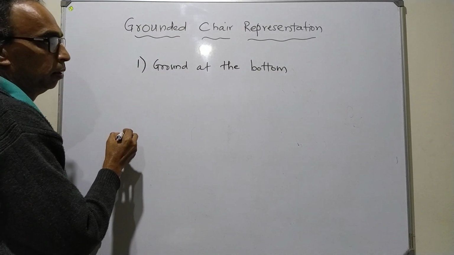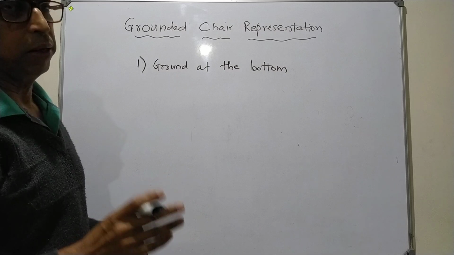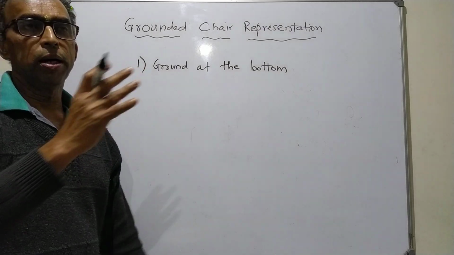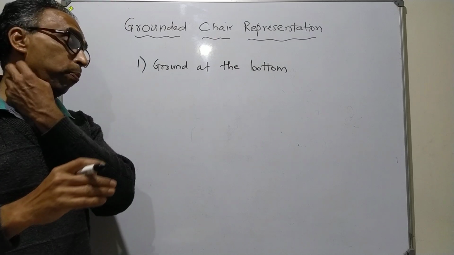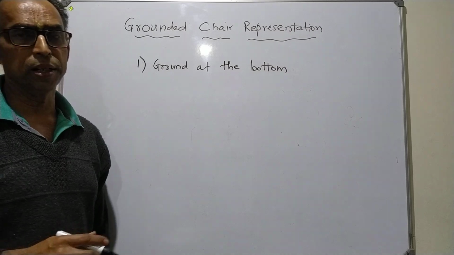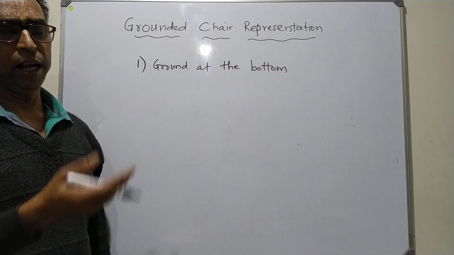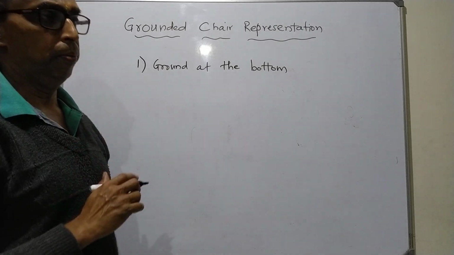Whatever the arrangement, even if I have a spring-mass-dashpot arrangement wherein the ground is shown at the top and the force is acting downwards, in the grounded chair representation we have to convert that arrangement by showing the ground at the bottom.